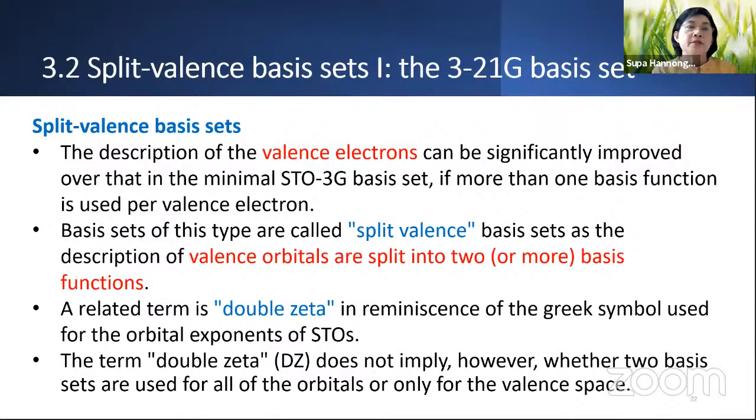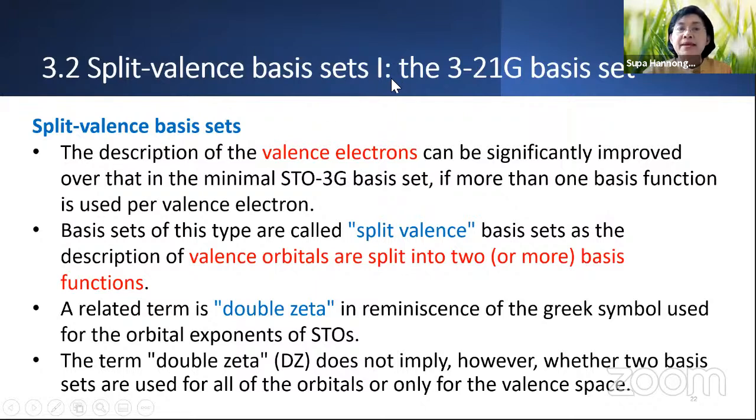From the minimum basis set, now I bring you to another type of contracted GTO, still in the section of contracted GTO. It is the so-called split valence basis set, in group 1.